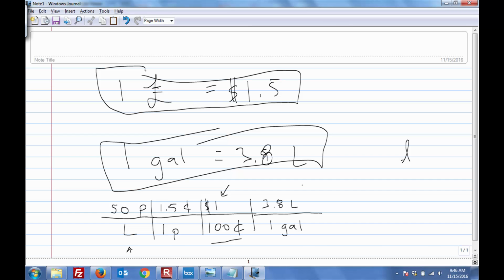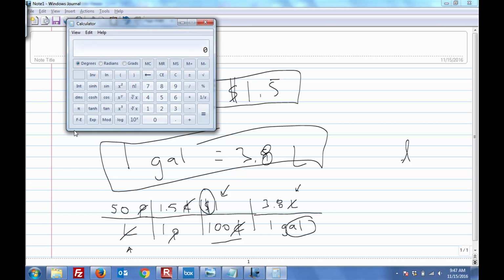I've got to get rid of it so it's over here in the numerator. And now I can go through and say my pence cancel, my cents cancel, the liters cancel, and then I'm just going to be left with dollars per gallon. Exactly. There's your dollars, and there's your gallons. So at this point, we're ready for the calculator.